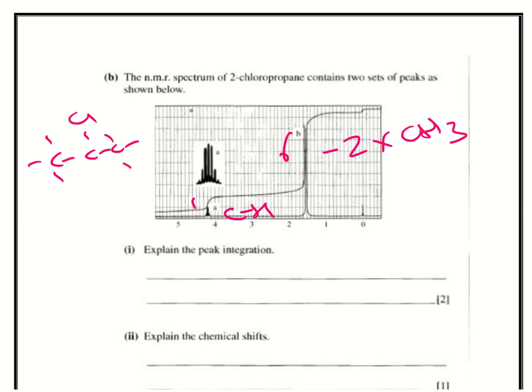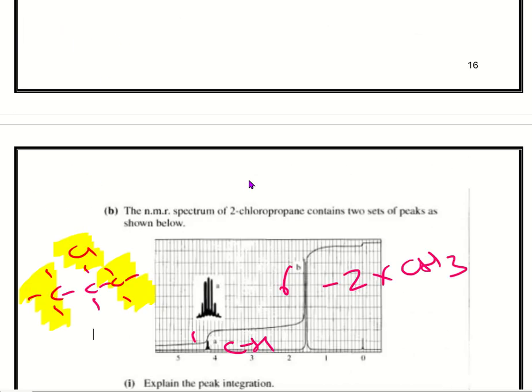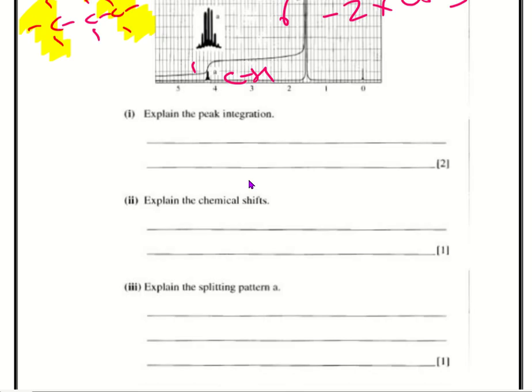Well, our single CH is adjacent to the very electronegative chlorine, and it's going to be de-shielded, whereas the CH3 environments are shielded because they are furthest away from the electronegative chlorine.